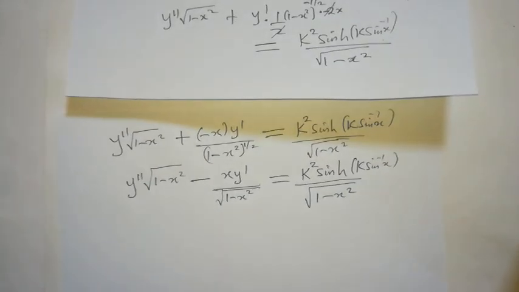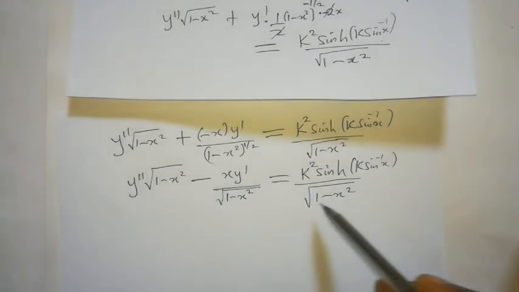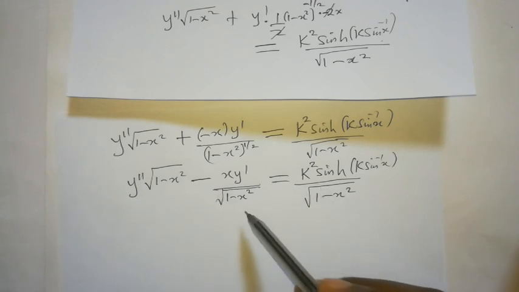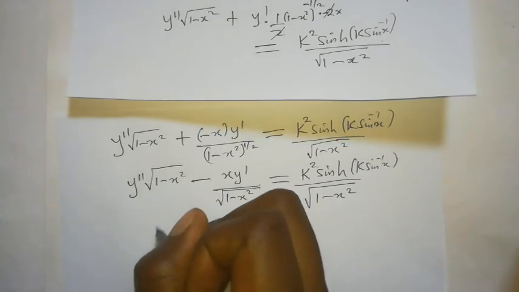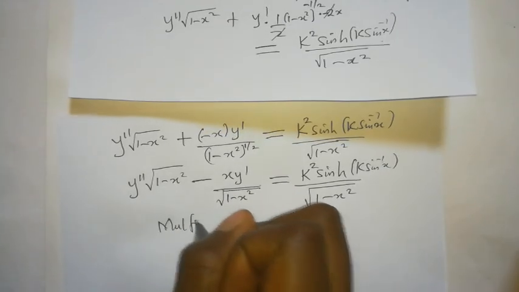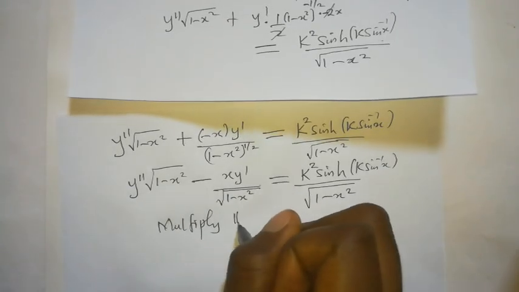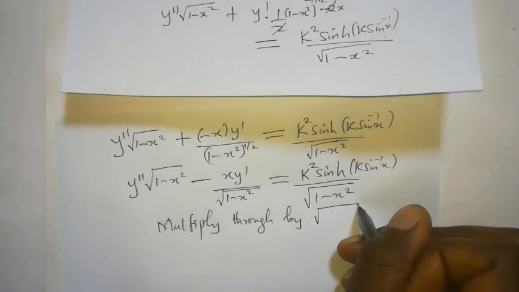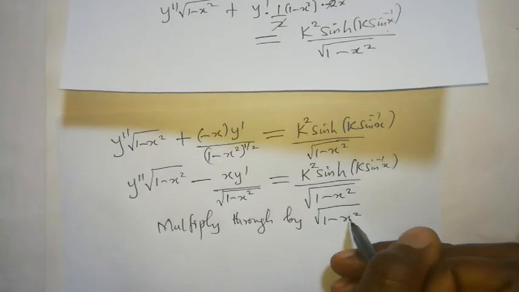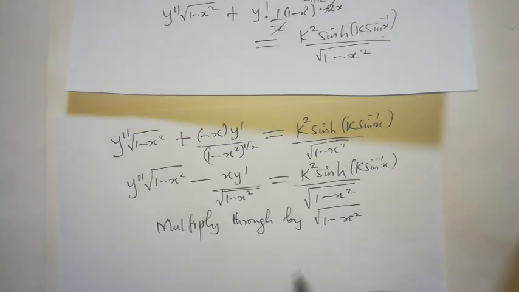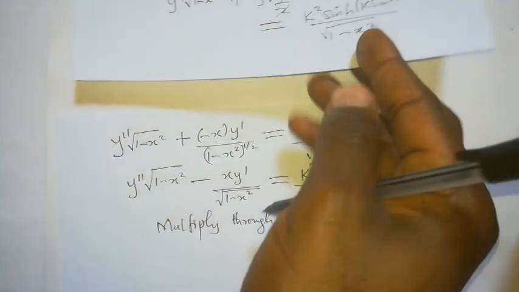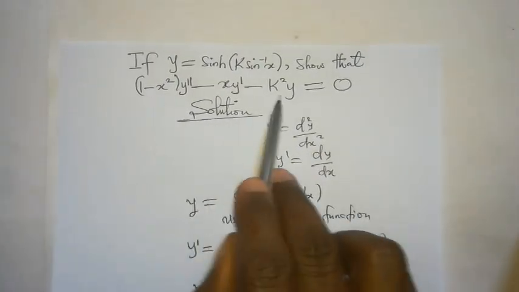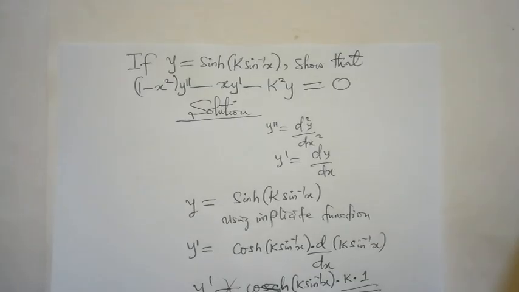So if you look at it, let's try and multiply both sides by what? Let's say multiply by square root of 1 minus x squared. And don't forget, our main target is to prove this, and in our proving there is no denominator, you get it.